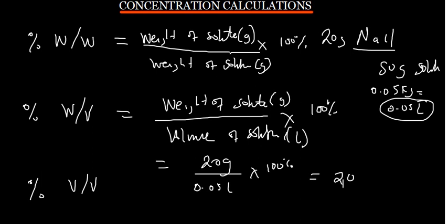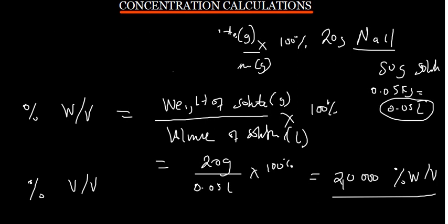It is 40,000. So the answer will be 40,000 percentage weight by volume. That's also the unit. So these are other expressions of concentration, and you are going to find questions on this.